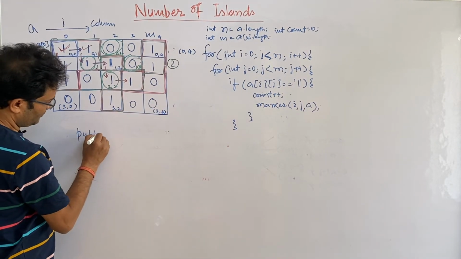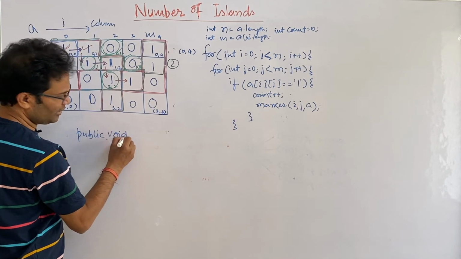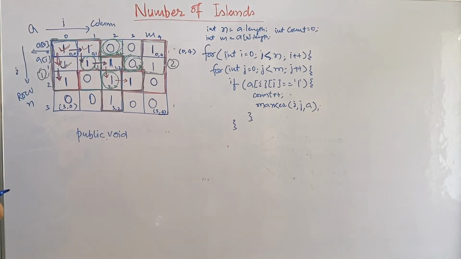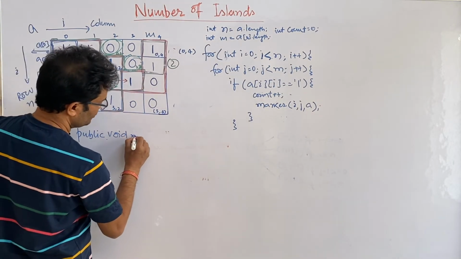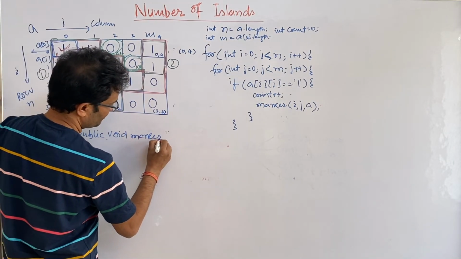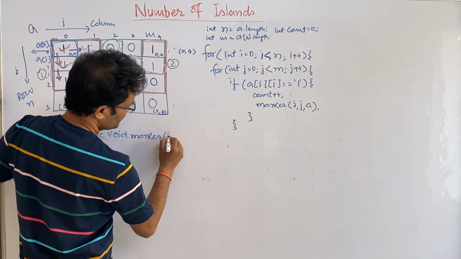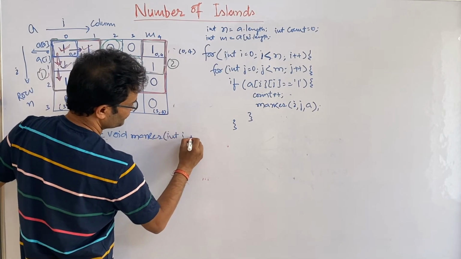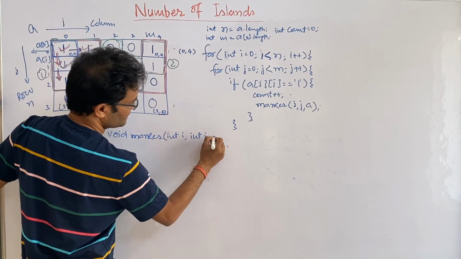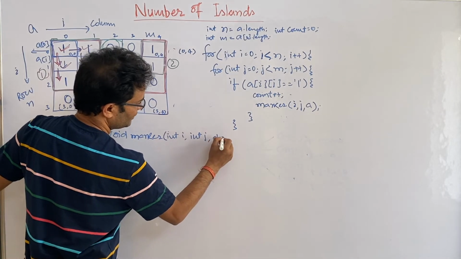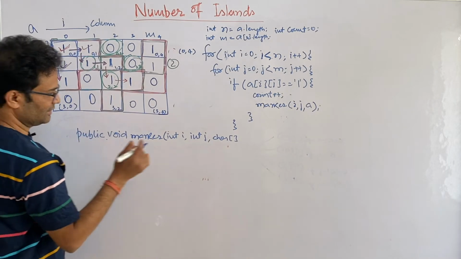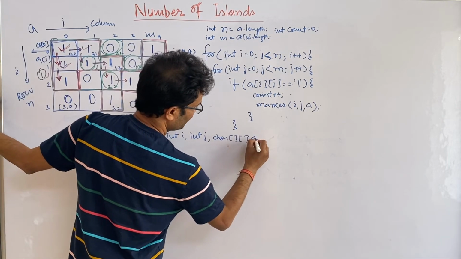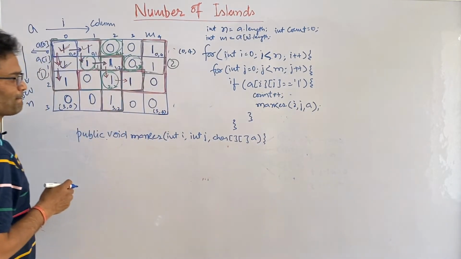Now go for the mark method. I am not returning anything because this is a 2-dimension array. We work on the address, so it will work on the reference, right? So just make the method marker, pass the i, pass the j, and pass the character double dimension array that we will see in the code, and pass the A also.